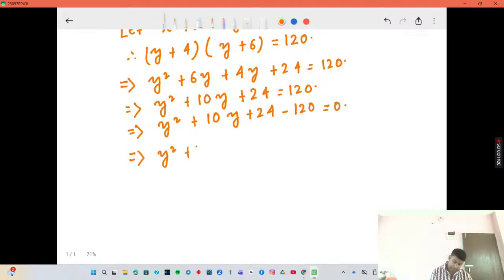So now y square plus 10y, minus 120, so it will come as minus 96, yes, I think 96 will come.